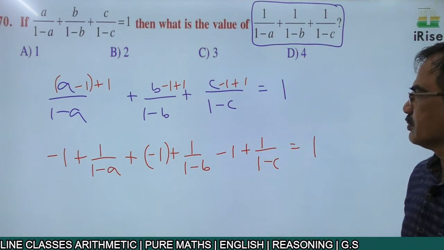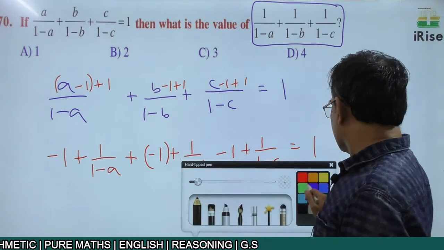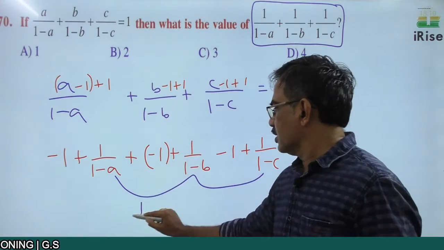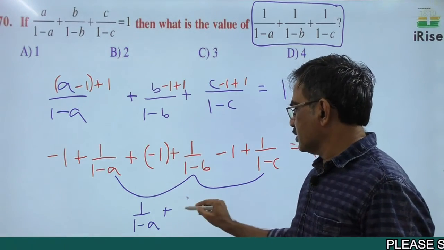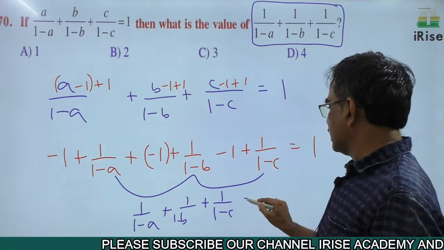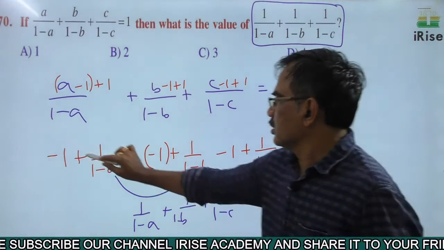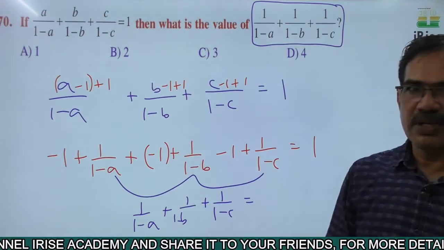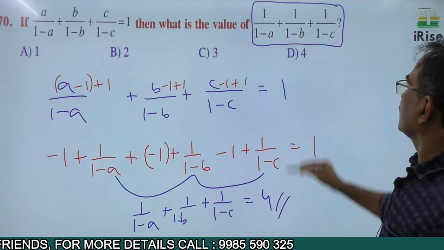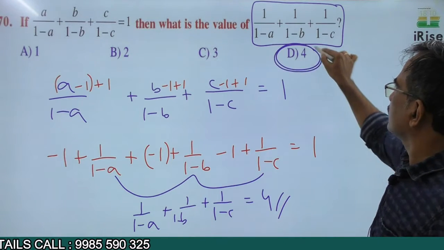The sum of these three is equal to 1. Therefore 1 by 1 minus a plus 1 by 1 minus b plus 1 by 1 minus c is equal to 1 plus 3, minus 1 minus 1 minus 1, that is minus 3, transferred to the right side. So the answer is 4. The answer is 4 for this.